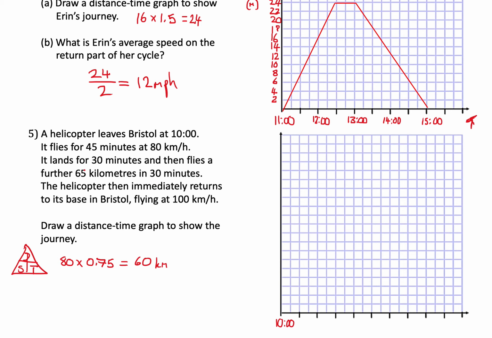It doesn't then travel for 30 minutes, and then it travels a further 65 kilometers. So overall, it has travelled 125 kilometers, and then it returns. So I need to go up to 125 on this axis.